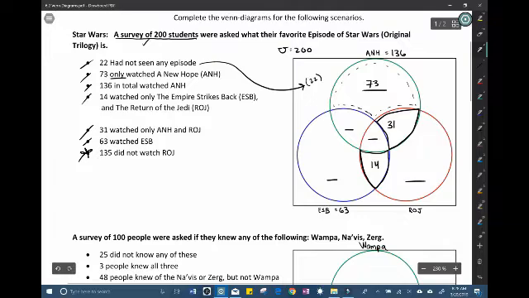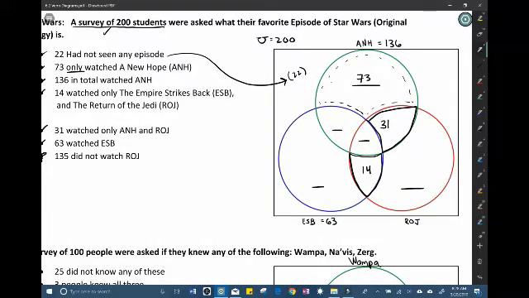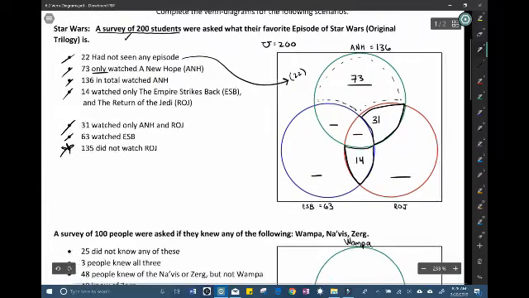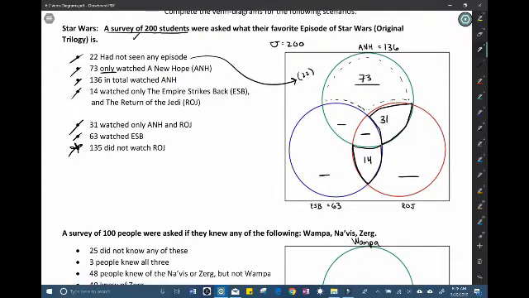The interesting thing with that is, again, remember that our whole picture is going to need to add up to 200. So if what we're saying is 135 is not in the Return of the Jedi circle, that means 200 minus 135 is in the Return of the Jedi circle.